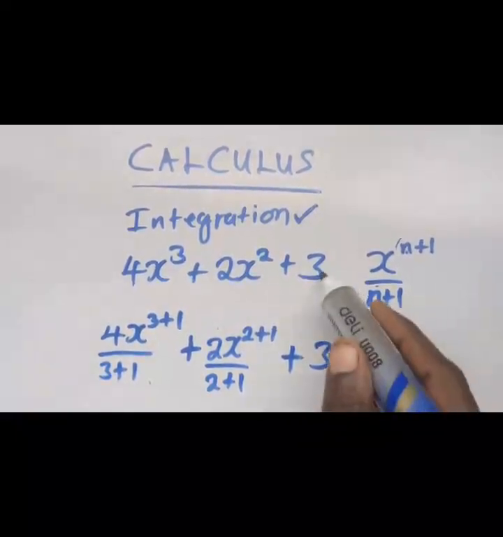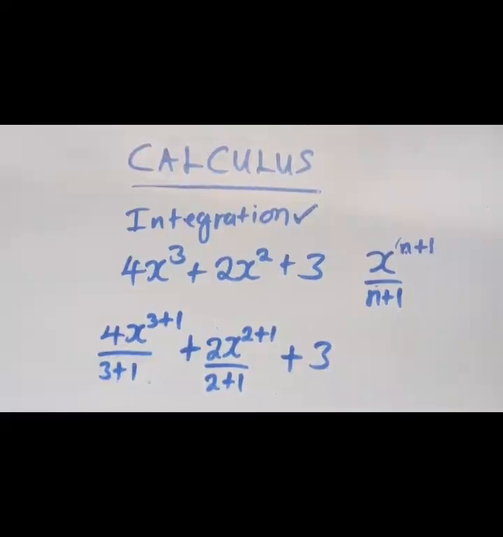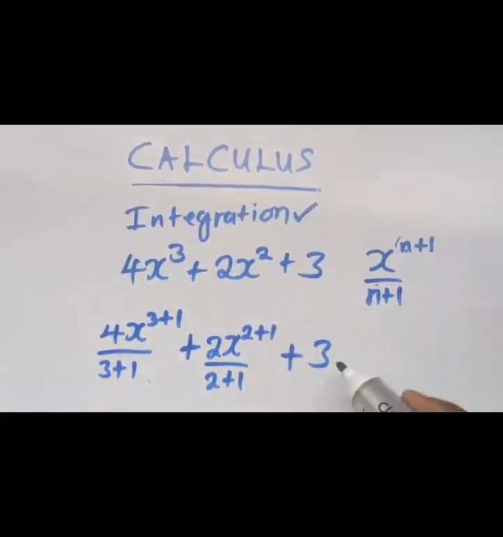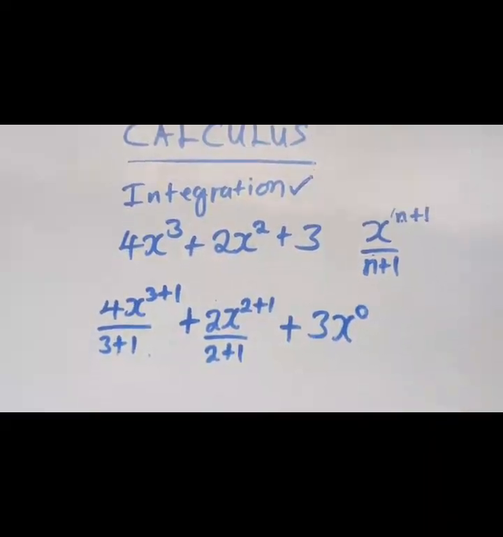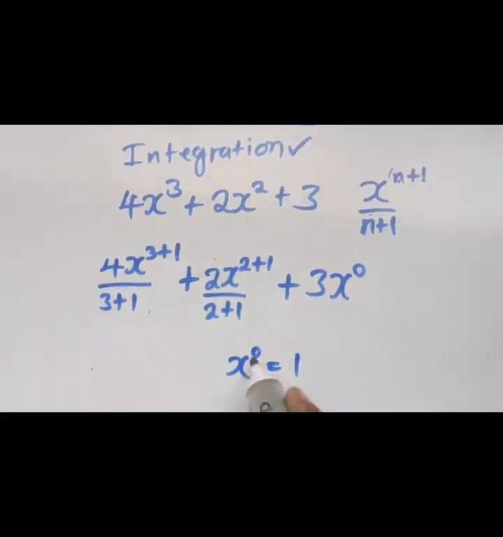Now what you need to keep in mind is that any number or constant which doesn't have a letter, you're going to put a letter x, and it is power 0. It is power 0 because in the previous video we said that any number or any letter to the power 0 is equal to 1.